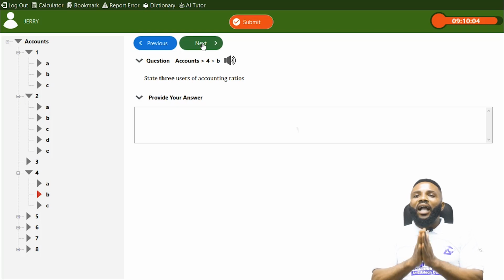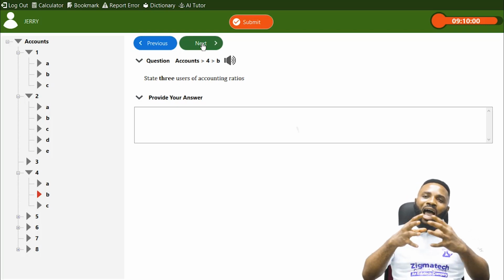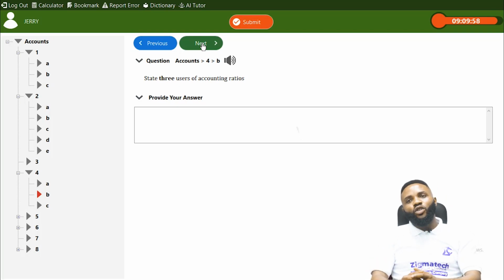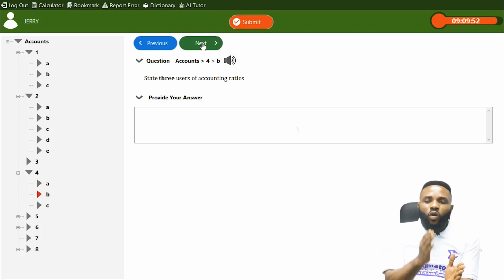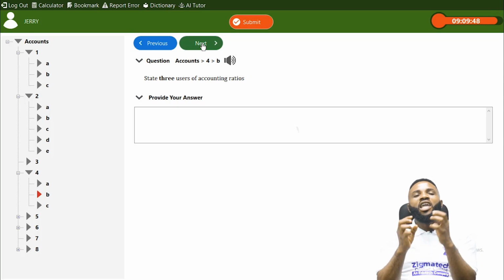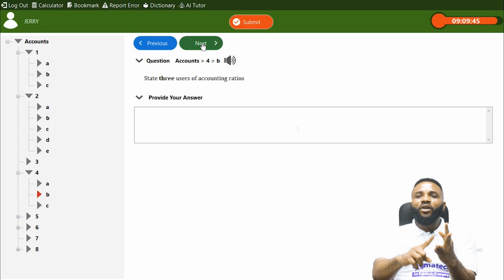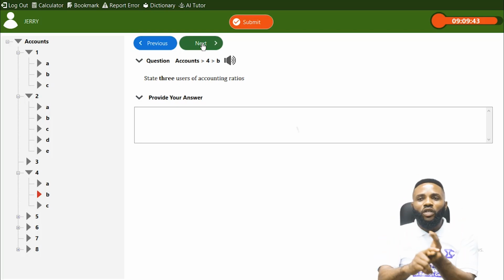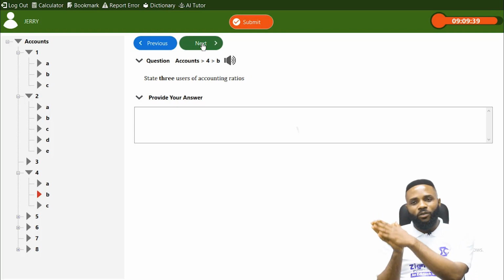So, accounting ratio will help us to determine what has happened in the business. We want to know what happened in 2022, what happened in 2023. If we can get a good knowledge of what happened in 2021, 2022, and 2023, then we'll be able to predict what is going to happen in 2024.